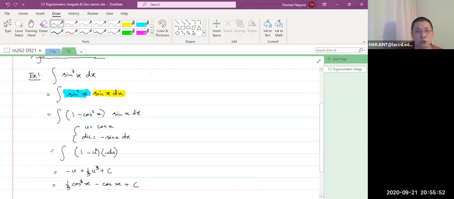In fact, that is true even if one or both of the sine and cosine are odd. Let's say, for example, integral of sine cube x cosine to the 6th x dx.